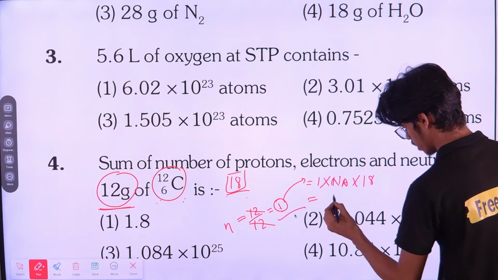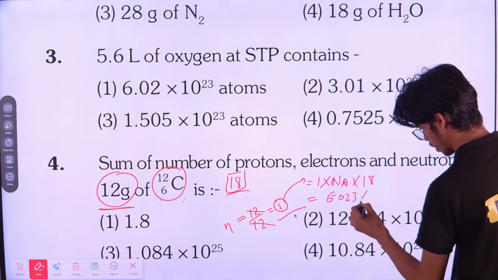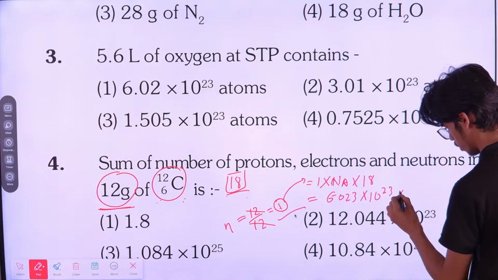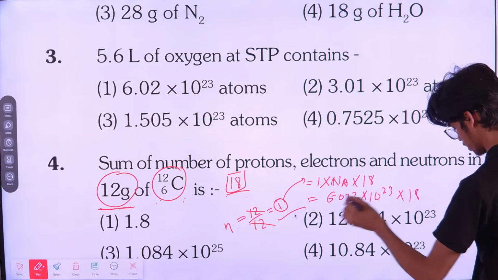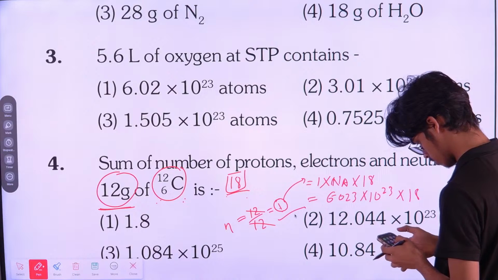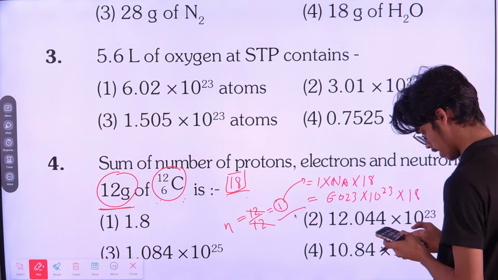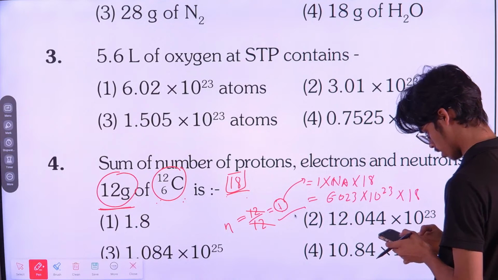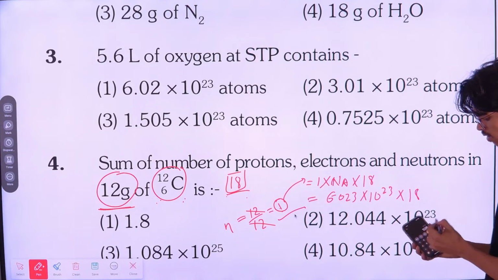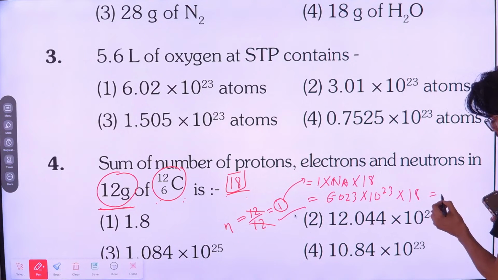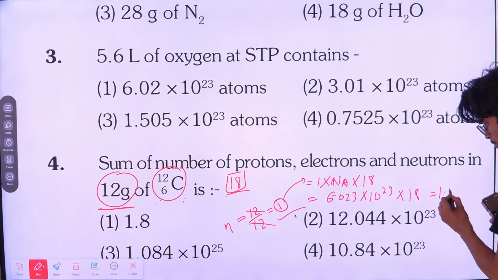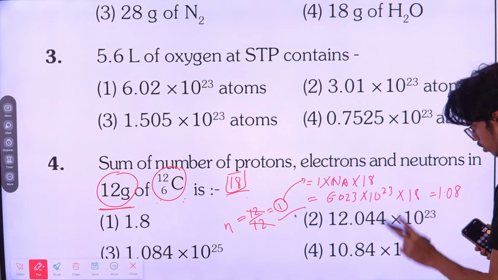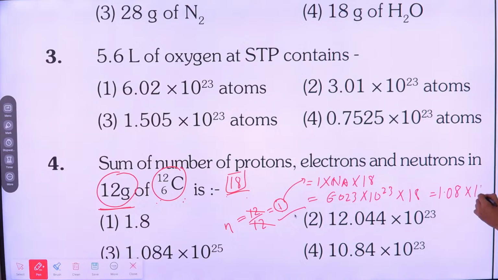So for the value of Na, 6.023 into 10 to the power 23 into 18. So if I multiply 18 with 6, how much do I get? So 18 into 6 is how much? Somewhere 108. Instead of writing 108, write 1.08 and add 2 zeros over here.